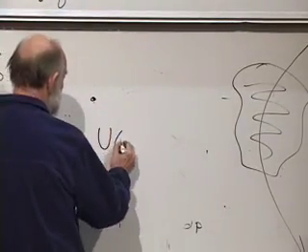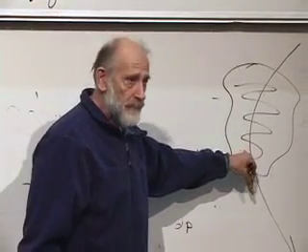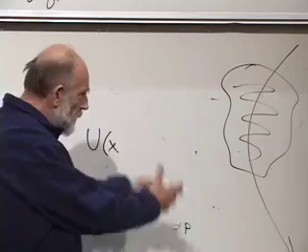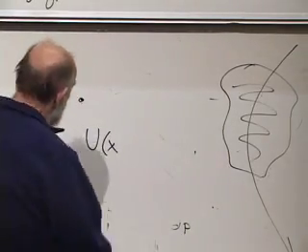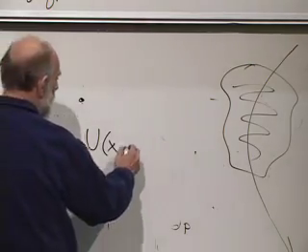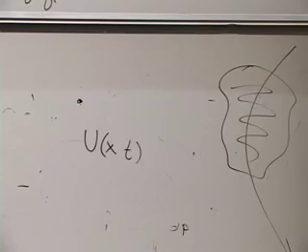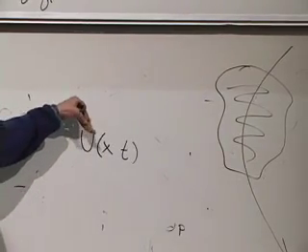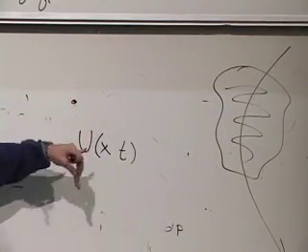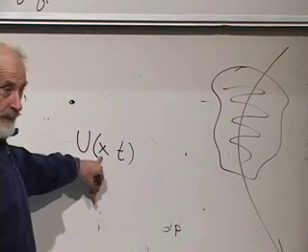In fact, there will be a term in the energy. Let's just take a single particle. There will be a term in the energy of this particle, U of its position, which also depends on the position of this big lump. But the position of the big lump depends on time. So that means the potential energy depends on x and also explicitly on time. It means it depends on time even if the particle doesn't move.